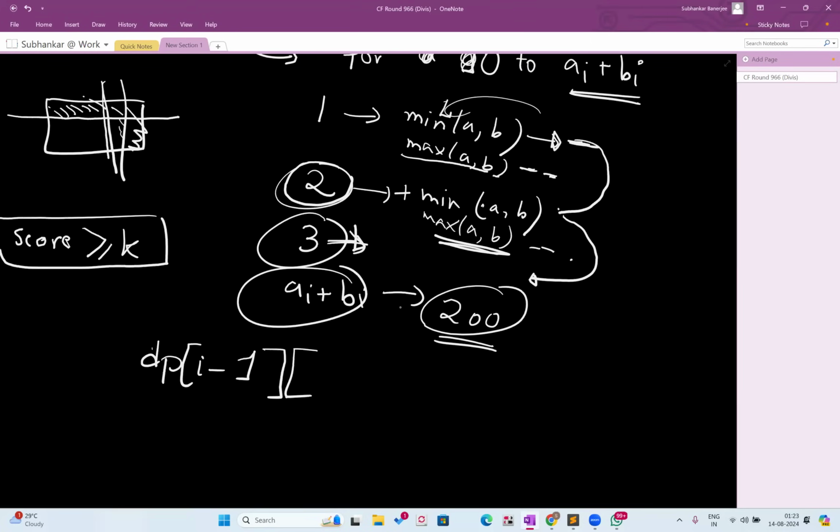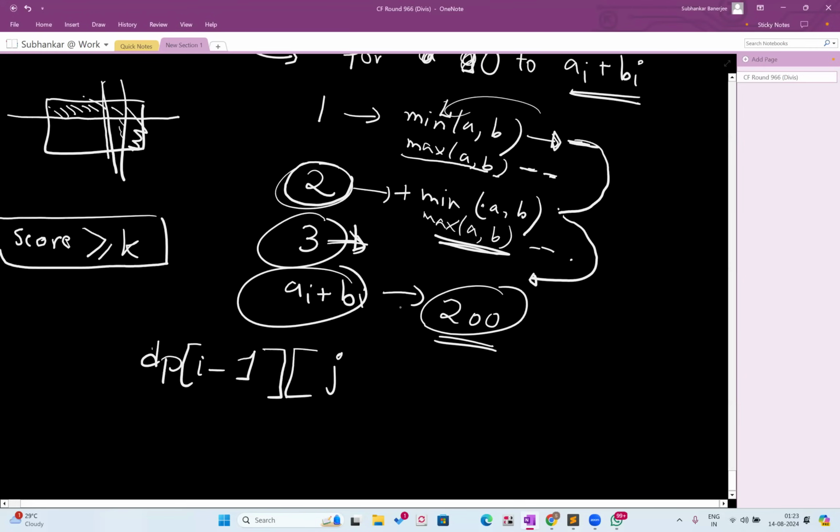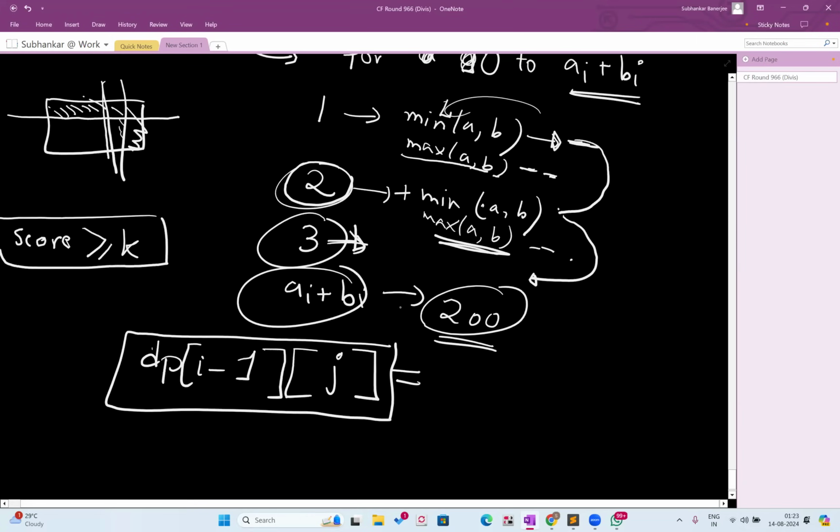Suppose till the I minus 1th rectangle, I have used I minus 1 rectangles and obtained j score. What is the minimum cost I have? This is kind of a knapsack problem. Are you getting that?